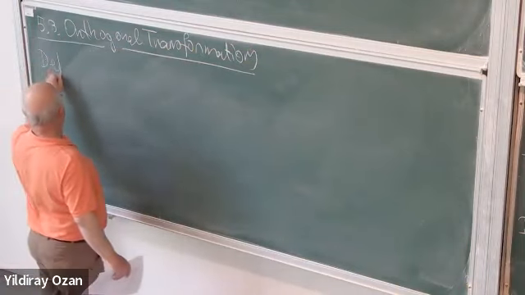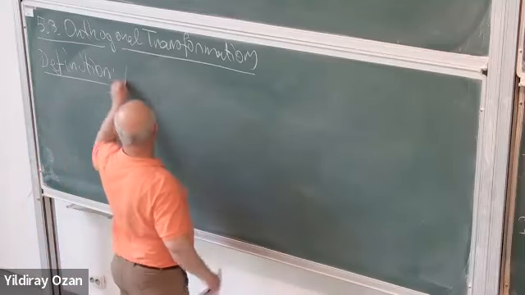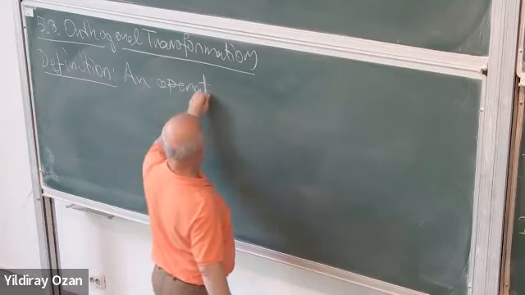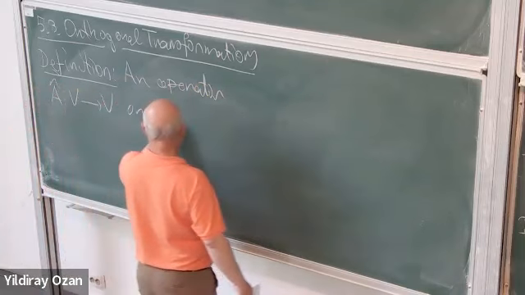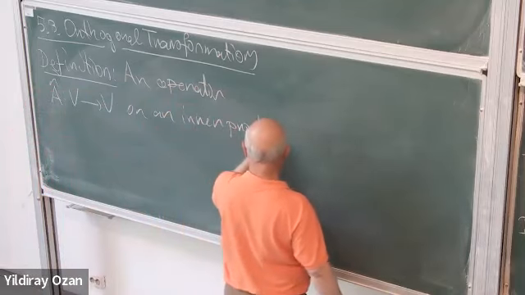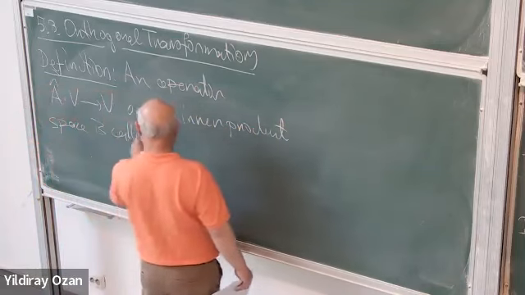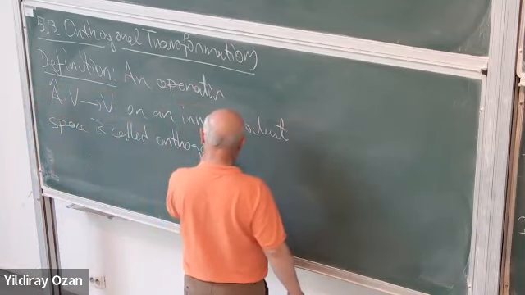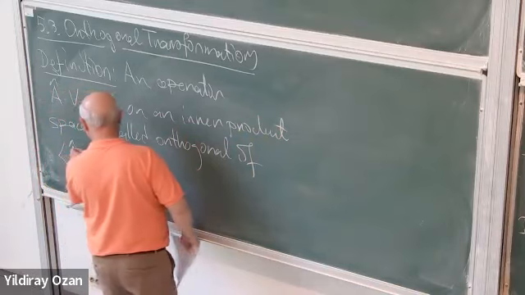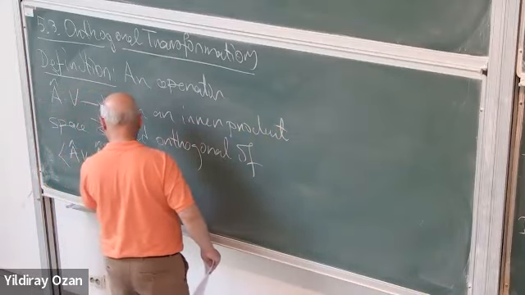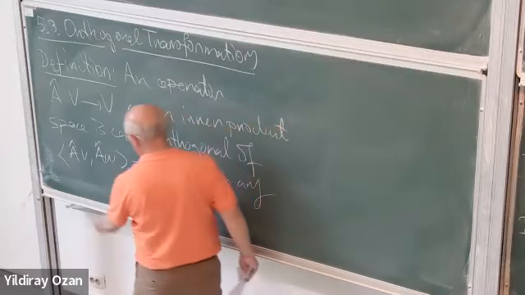So, a definition. An operator A on an inner product space is called orthogonal if the inner product of A applied to v and A applied to w is the same as the inner product of v with w.